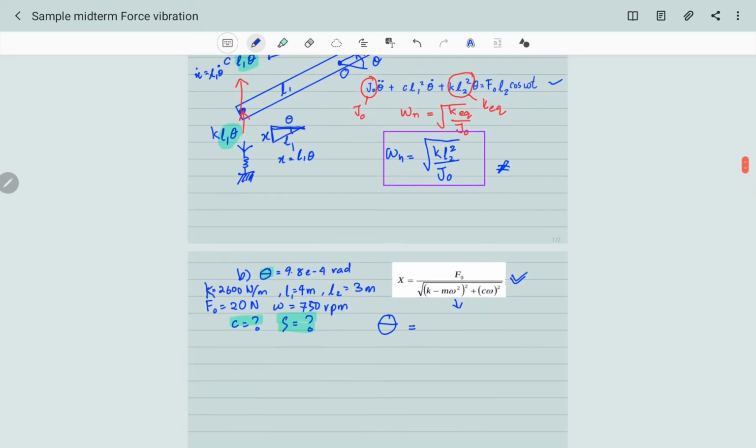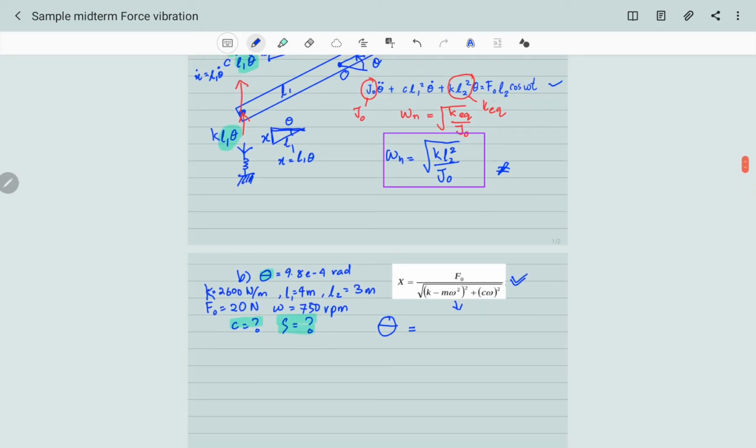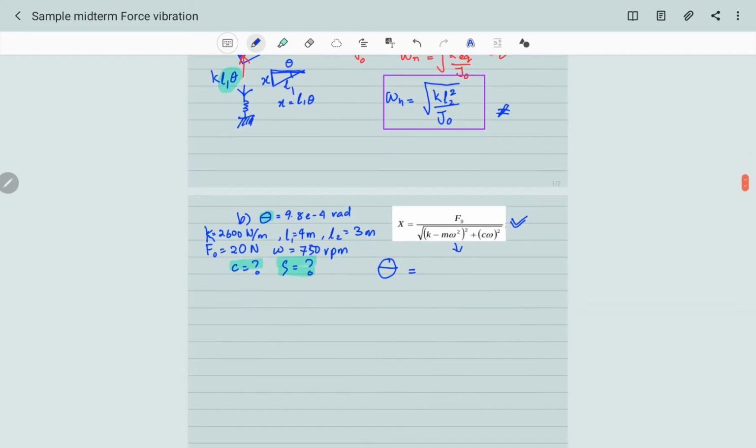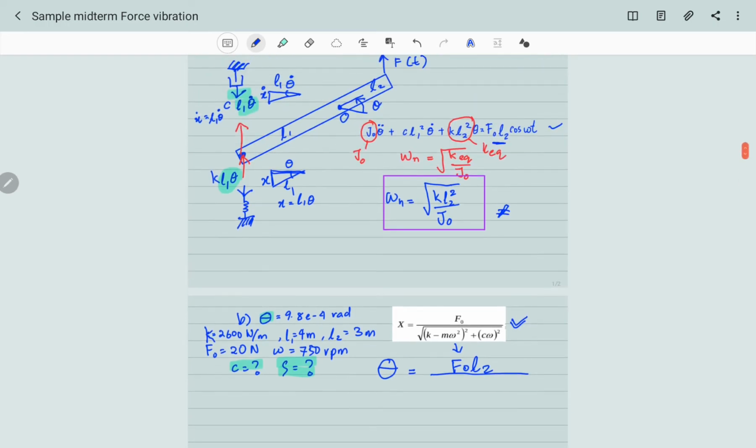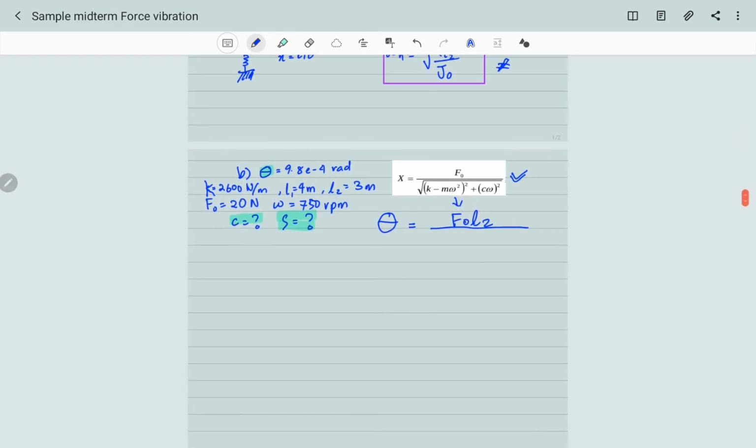Where do you get your moment? You can look here: your moment is all the expressions over here, F naught L2. So F naught L2 is the coefficient on the right hand side of your EOM.